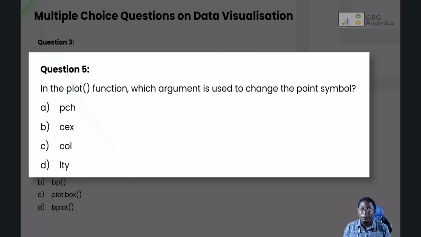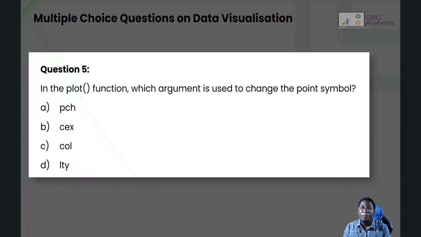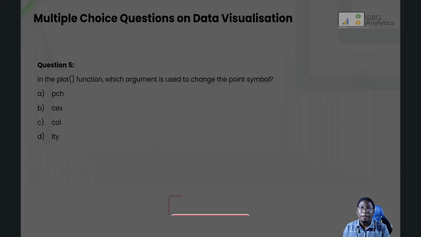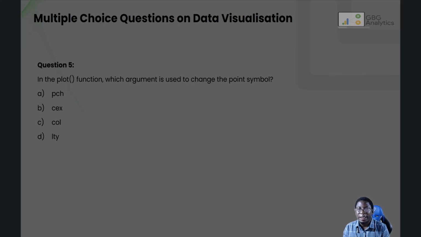A. boxplot function, B. bp function, C. plot.box function, and D. b.plot function. Question number 5. In the plot function, which argument is used to change the point symbol? A. pch, B. cex, C. col, and D. lty.